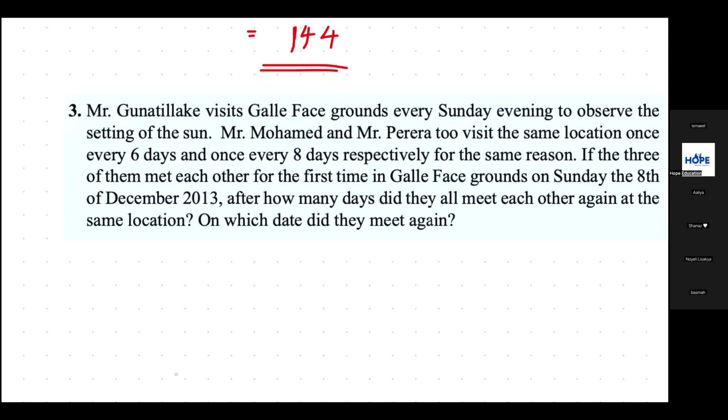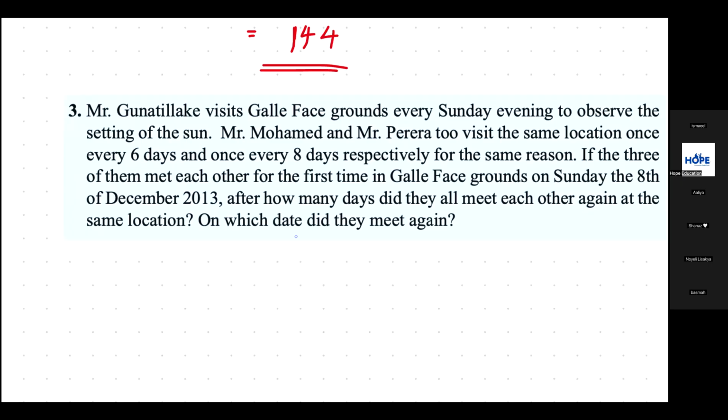If the three of them met each other for the first time in the Golf's grounds on Sunday, the 8th of December, 2013, after how many days did they all meet each other again at the same location? On which date did they meet again?